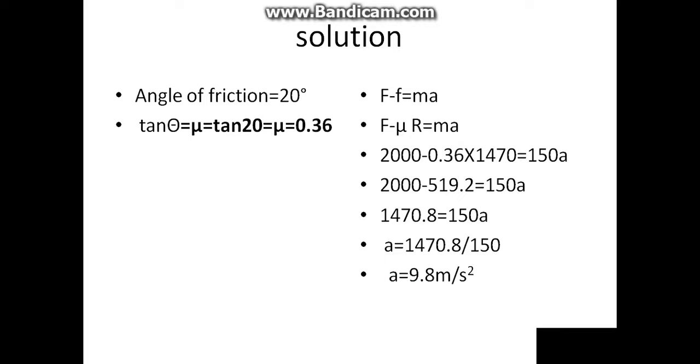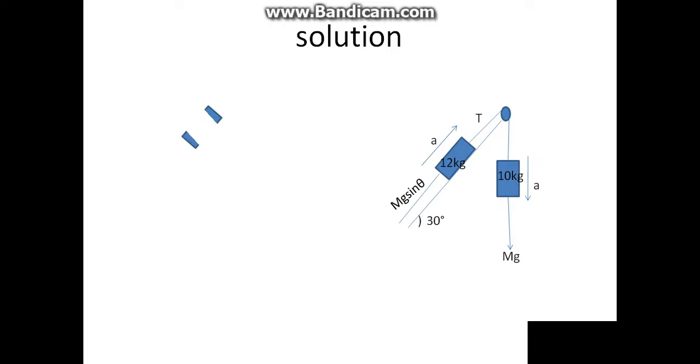The body of mass 10 kg is hung over a pulley that will pull a body of mass 12 kg along an inclined plane at an angle of 30 degrees. We are asked to get the acceleration of the body of mass 12 kg, the acceleration of the body pulling down, the 10 kg body, and the tension.